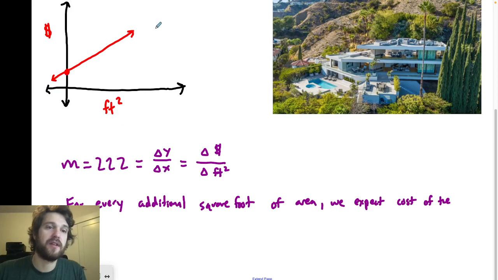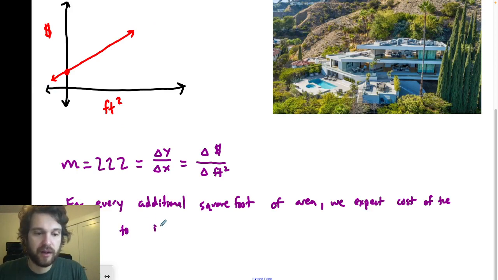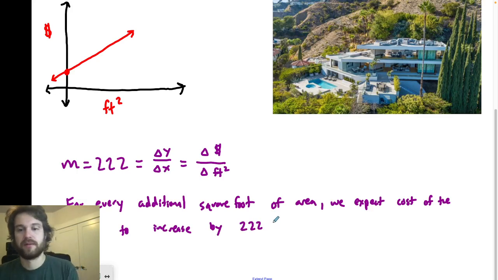If it has positive slope, we would say that it's increasing. We expect the cost of the house to increase by whatever the slope is, 222. And then you can put the units there, dollars. Nice. All right, that's slope.